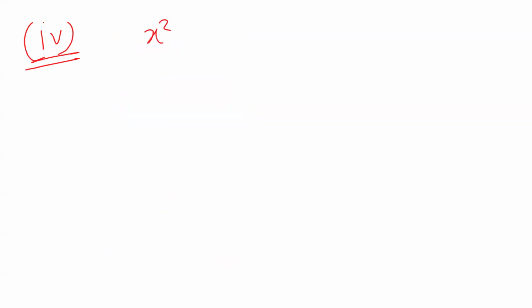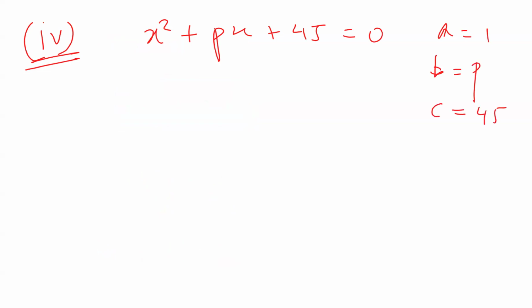So x square plus px plus 45 equal to 0. A is equal to 1, B is equal to p, C is equal to 45. Now given that square of the difference of the roots is 144.